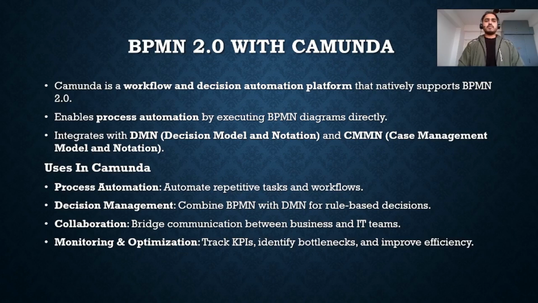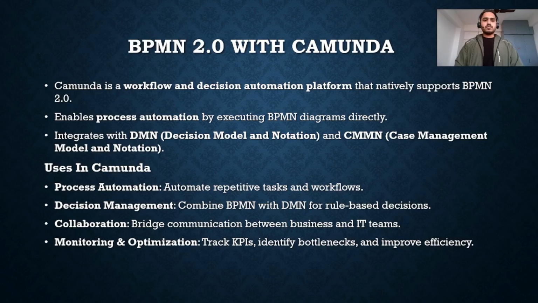And what are the uses in Camunda? If I talk about BPMN 2.0, we use it for process automation, which will automate repetitive tasks and workflows. We also use it for decision management, combining BPMN and DMN for rule-based decisions.